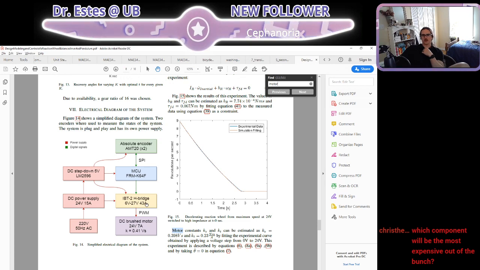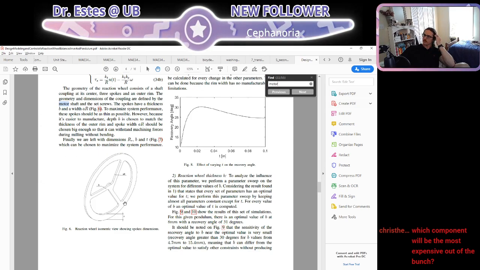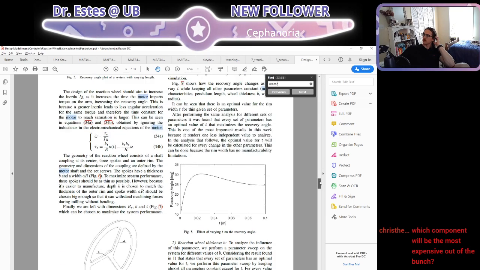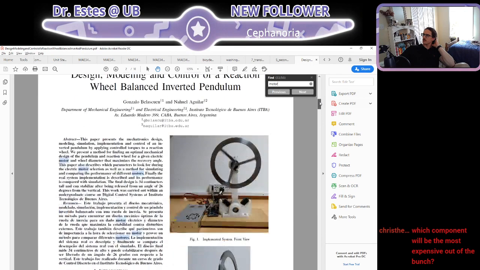I don't know. Maybe the most expensive thing is machining the reaction wheel, like if it has to be CNC'd to get it really precise.